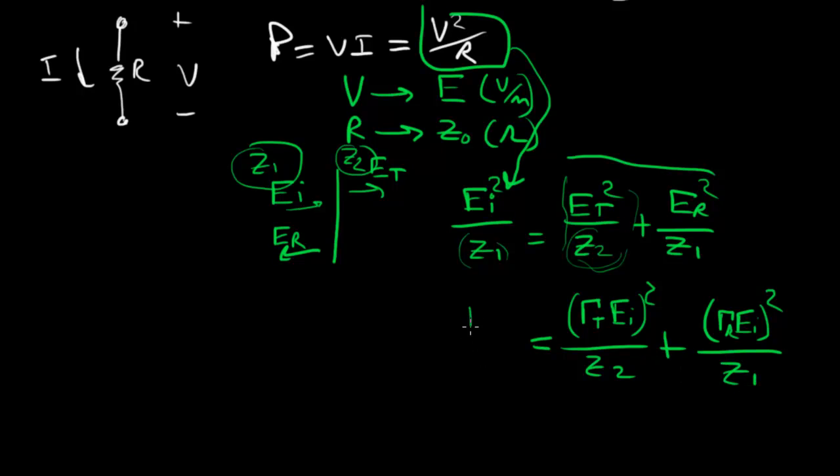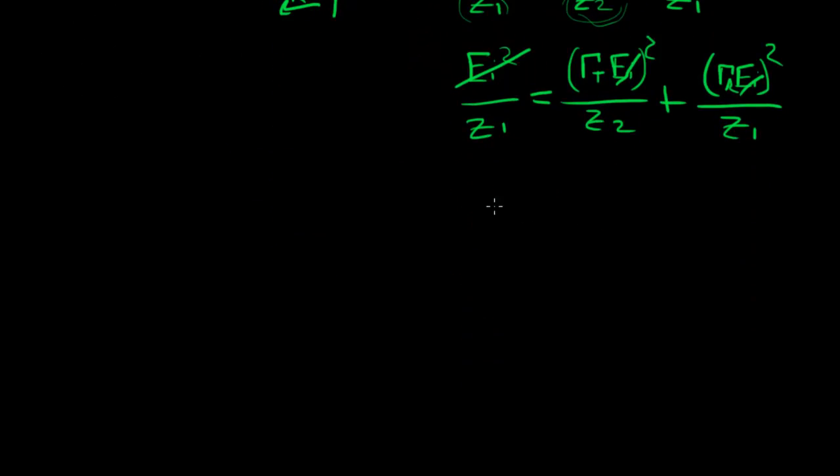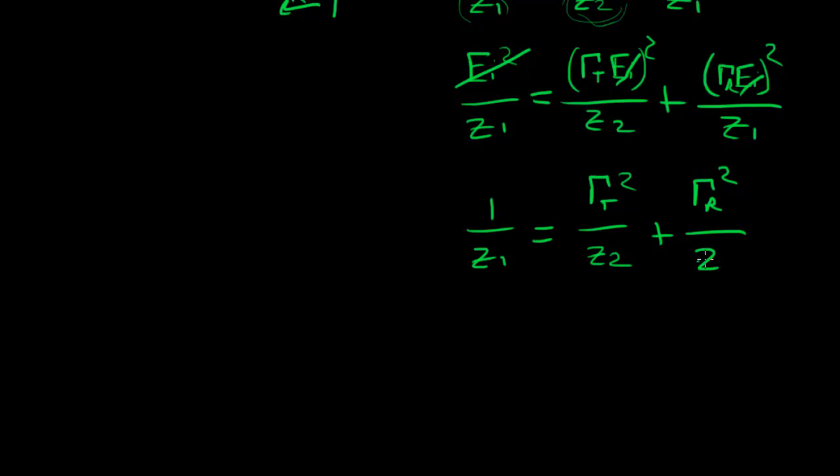Let me write this out, EI squared over Z1. We know that this is going to cancel with that, it's going to cancel with that. What we are left with is 1 over Z1 equals the transmission coefficient squared over Z2 plus the reflection coefficient squared over Z1. This is true.